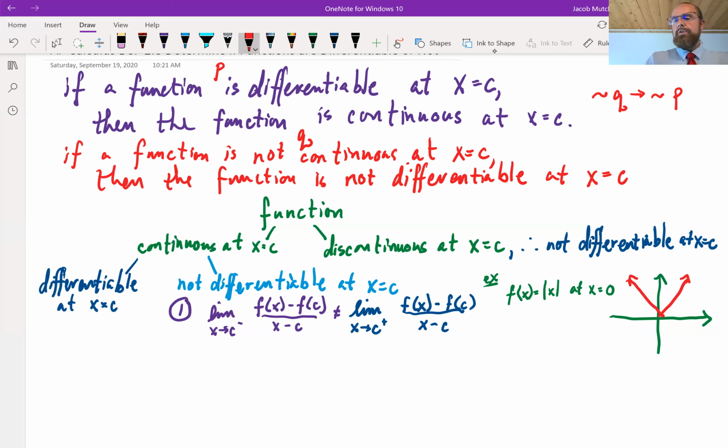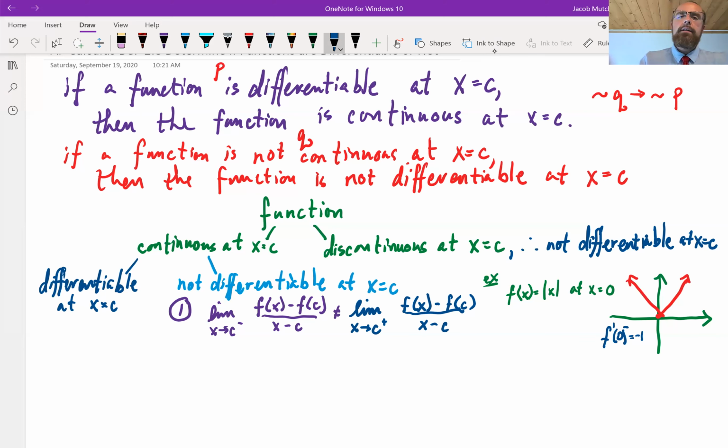So if I look here at the tangent line as x approaches 0 from the left, I'm going to put this in shorthand. The tangent line as x approaches 0 from the left, the slope of that left-hand side is -1.